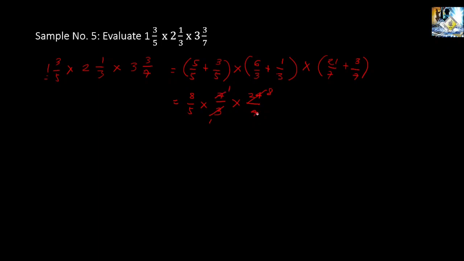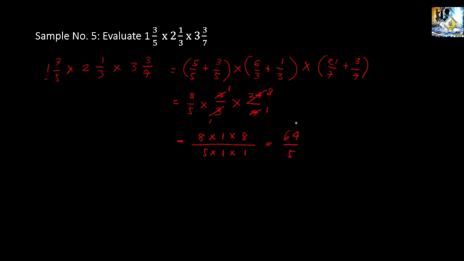This will become 1 and this will become 1 also. So the remaining, that is 8 times 8 in the numerator, and the denominator will become 5 times 1, nakancel na kasi, times 1. So anong magiging result nito? 8 times 8, that is 64, and this will become 5.